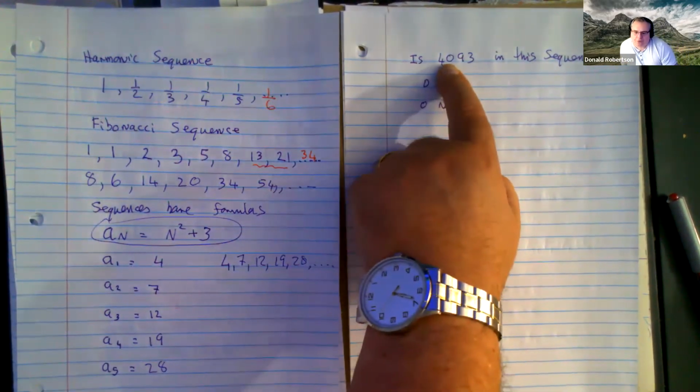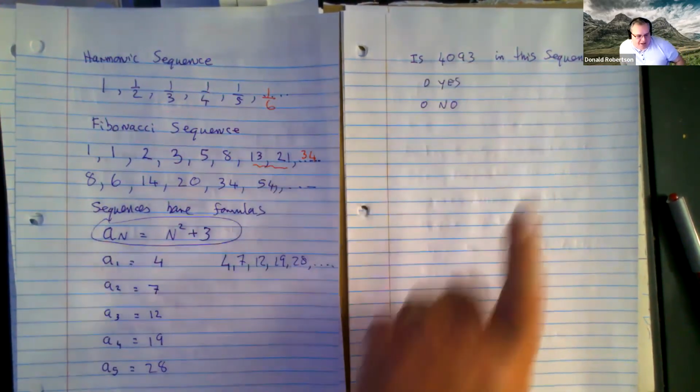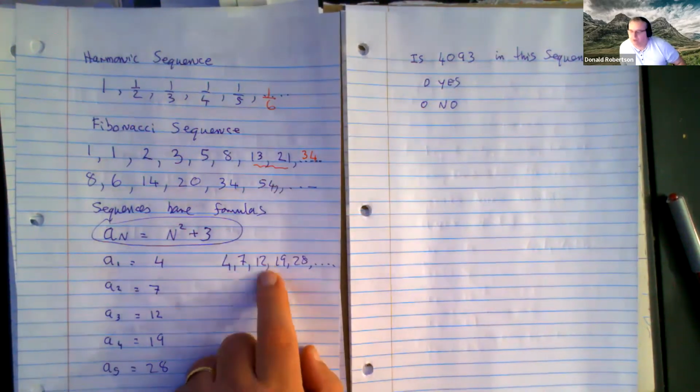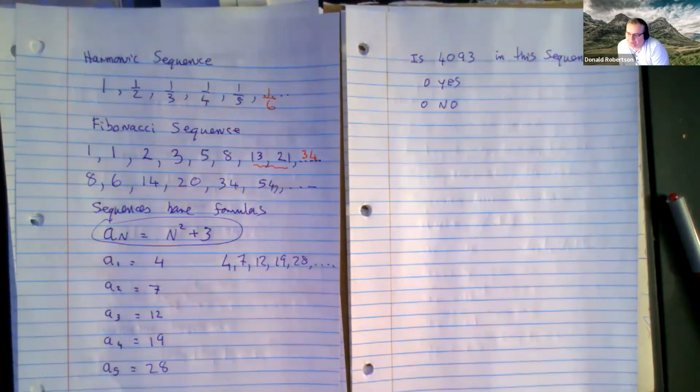Is the number 4093 a member of this sequence? Well, the answer is yes, it is, or no, it's not, right? But apart from guessing, don't we kind of need a way to decide yes or no?